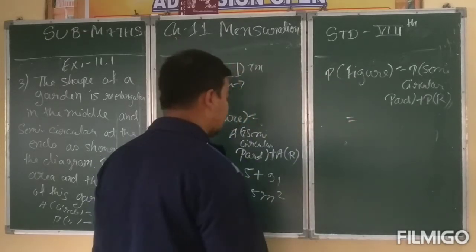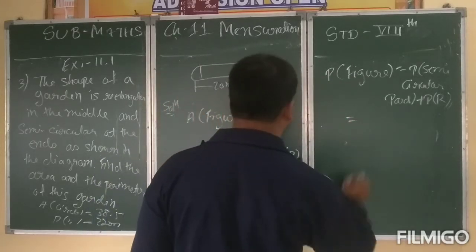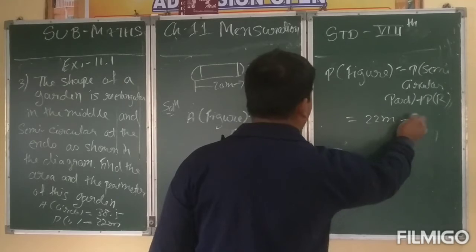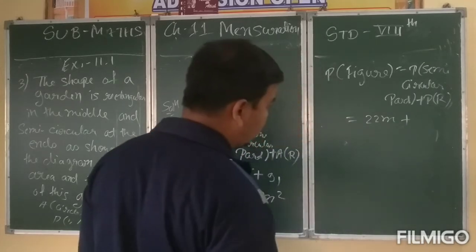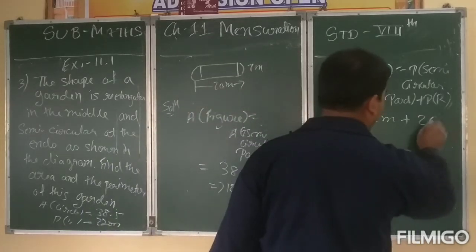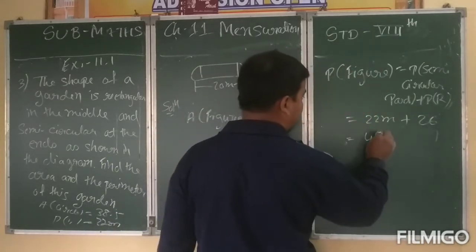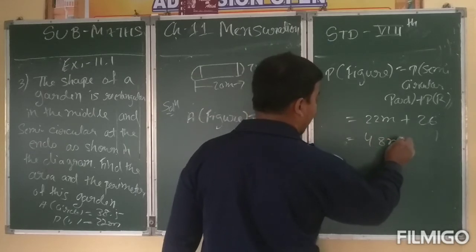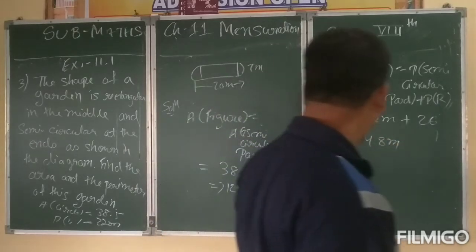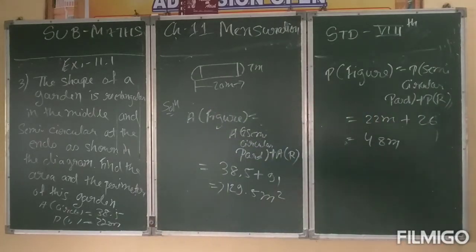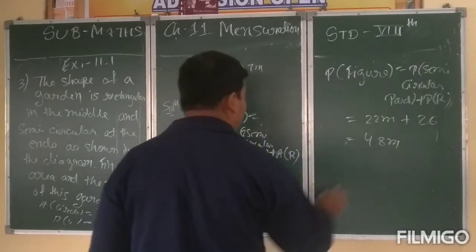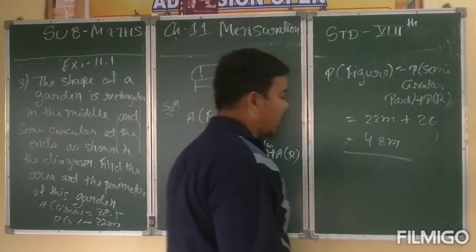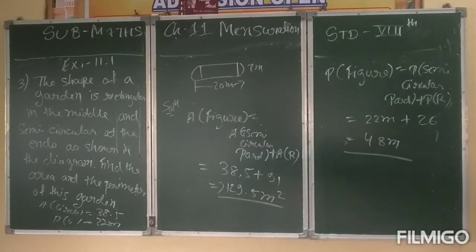So the perimeter of the semicircular part is 22 meter and the perimeter of the rectangle part is 26. So 48 meter. Okay, so these are the two final answers: area of figure, perimeter of figure. Please copy this.